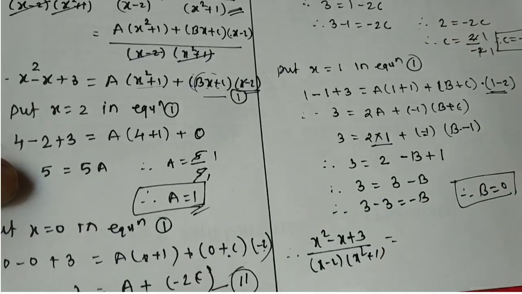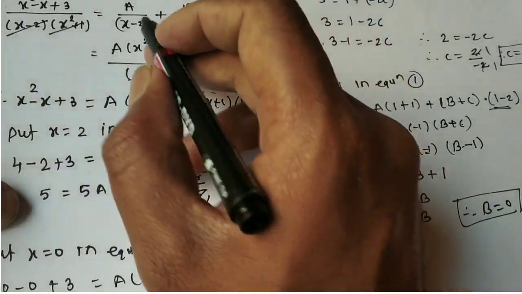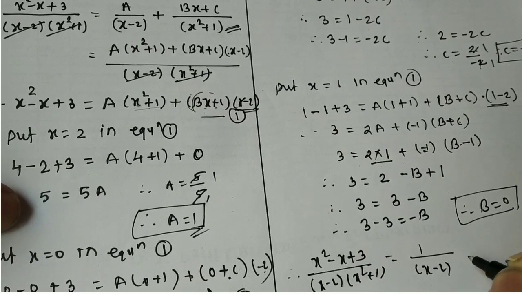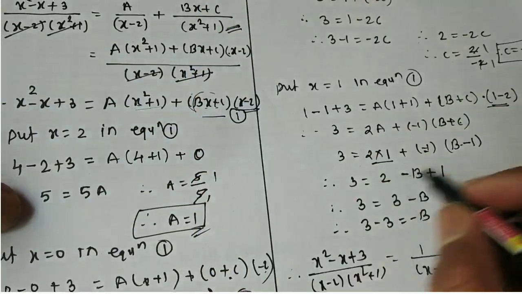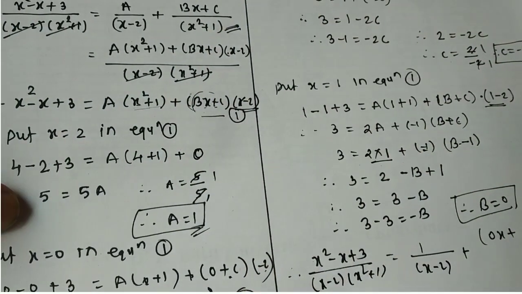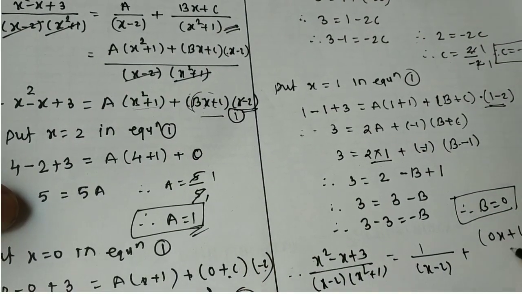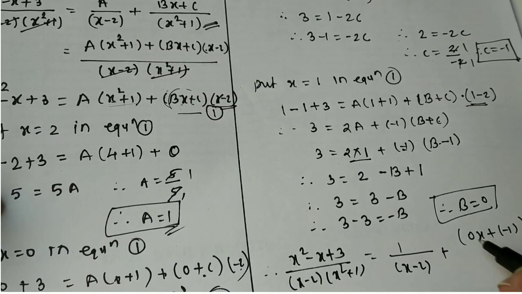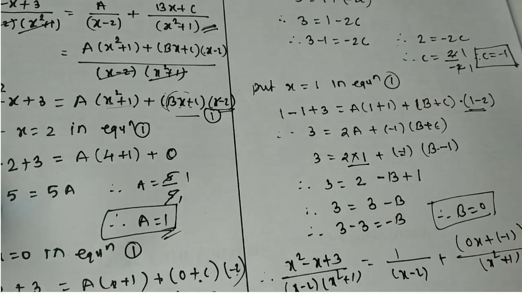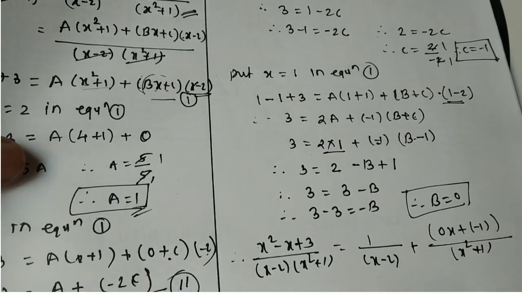So replace a is 1. So 1 divided by x minus 2 plus what is b? B is 0. So 0x plus what is c? C is minus 1, right? Minus 1 divided by x square plus 1.